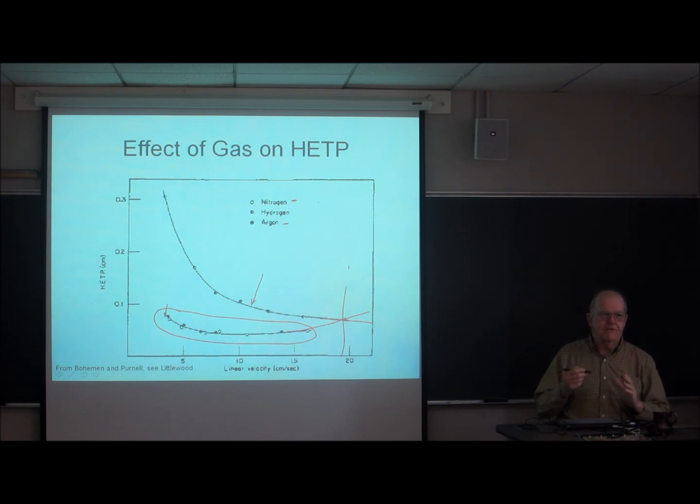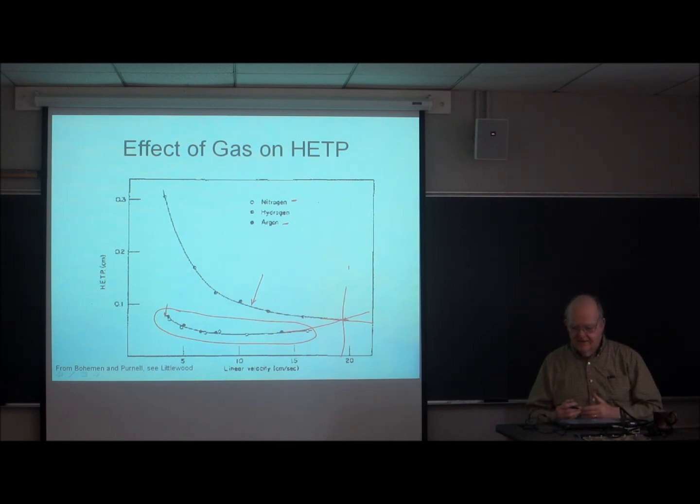So if you use a heavier carrier gas and you lower the diffusion coefficient of the analyte, you're going to screw up the C term, you're going to make it bigger, and the HETP is going to be bigger.